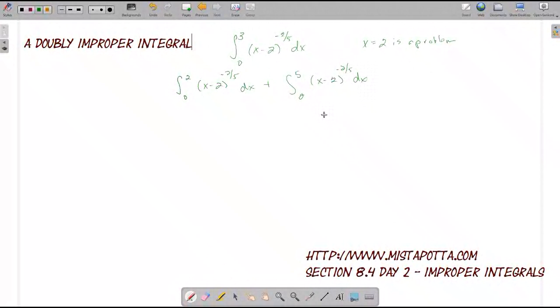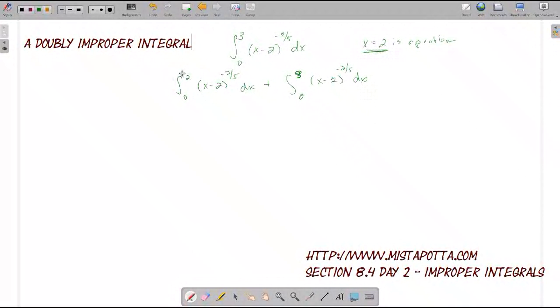The idea is that if I have an integral on a domain, all I need to do is break it apart into its two components or multiple components. The reason that I'm breaking it apart at x equals 2 is because x equals 2 is my problem.